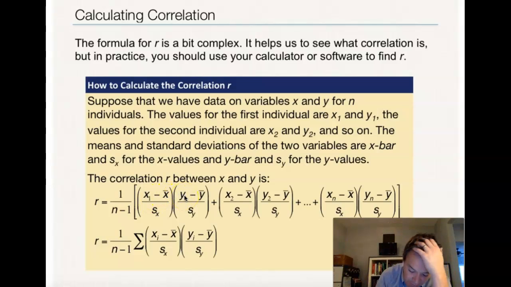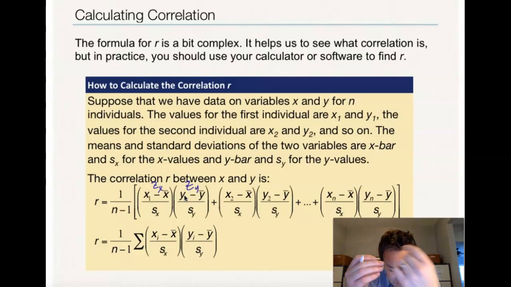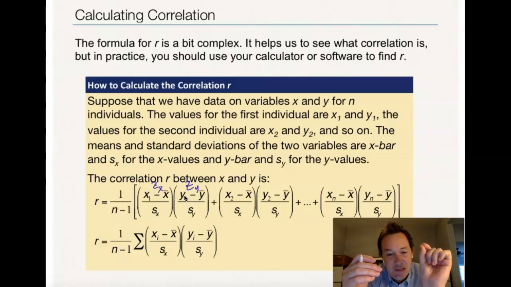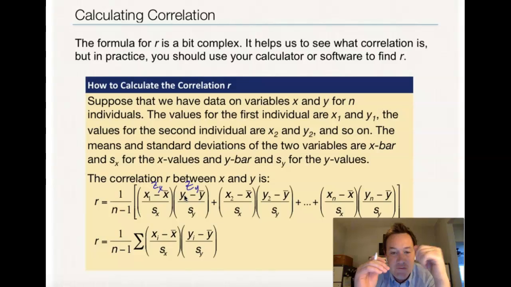Then you're computing a z-score for each response individual, and you're multiplying those together. So for each data set, you're computing an x z-score and a y z-score for every individual, and then finding the product of those two associated individuals.